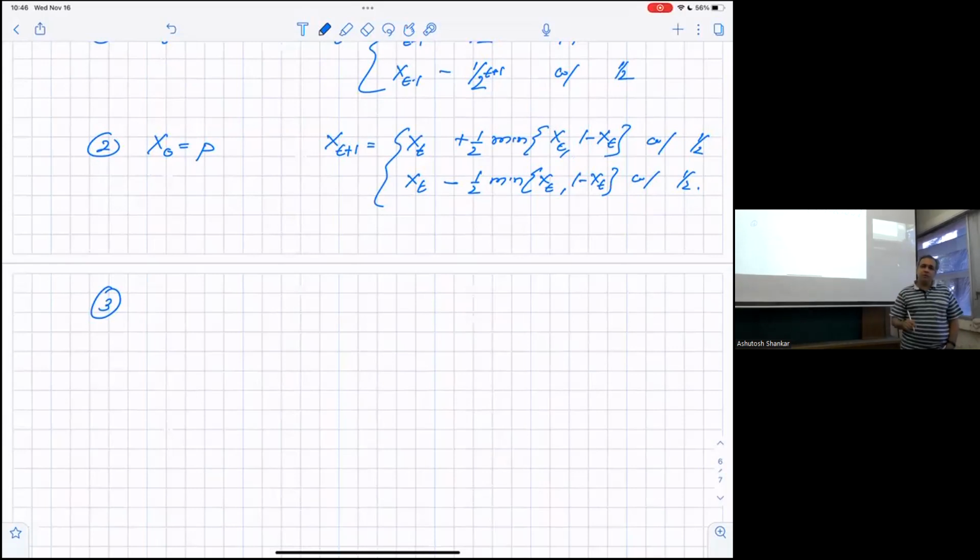If it gets closer to one end, it takes smaller and smaller steps in both directions. And if it's in the middle, it actually takes large steps. So I would say this is actually going to go off to the ends.